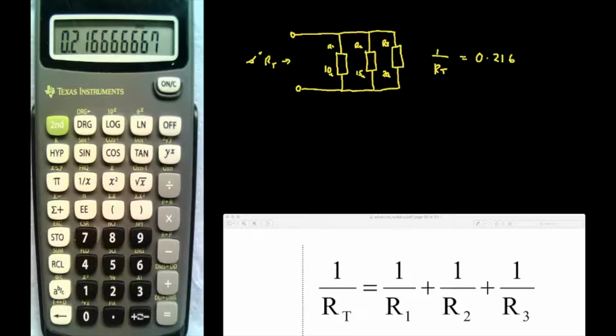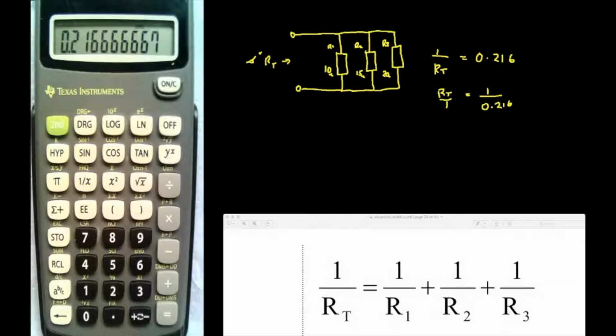So now we need to find RT. So it means taking the reciprocal of both sides. So RT over 1 will equal 1 over 0.216. So this is an equation, and what we do to one side with a single term, we can do to the other side, provided there are single terms on either side.